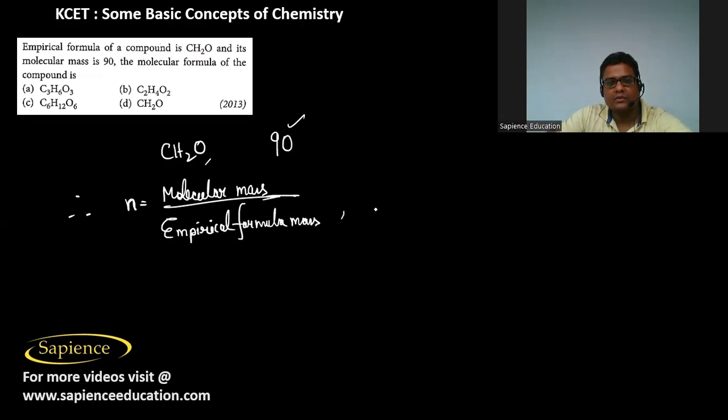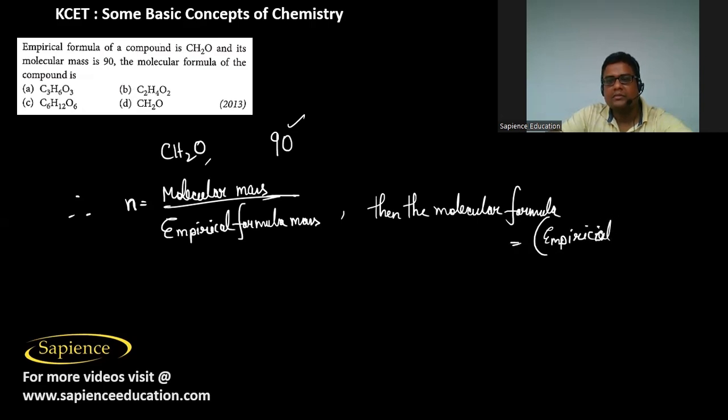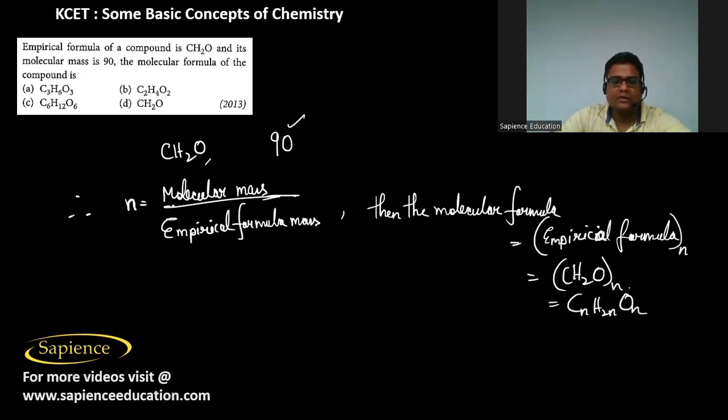If we can find out N, then the molecular formula of the compound will be given as the empirical formula times N. It means that it will come CH2O whole N, and then we can write it as CnH2nOn. So now we have to find out N.